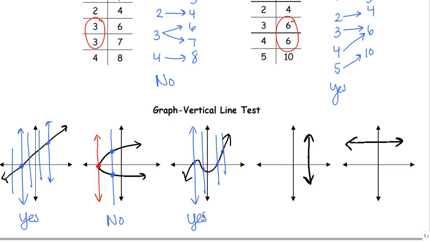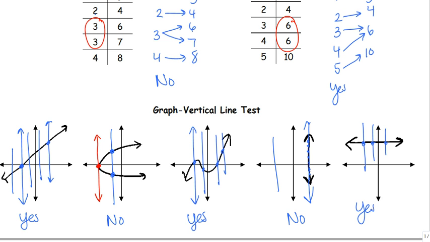We have a vertical line. If I draw my line, I haven't crossed it at all. If I draw my vertical line on top of my vertical line, it's touching in all possible infinite number of times. So this one is not a function. And last, we have a horizontal line. No matter where I draw that line, it's only going to touch once. So yes, this is going to be a function.